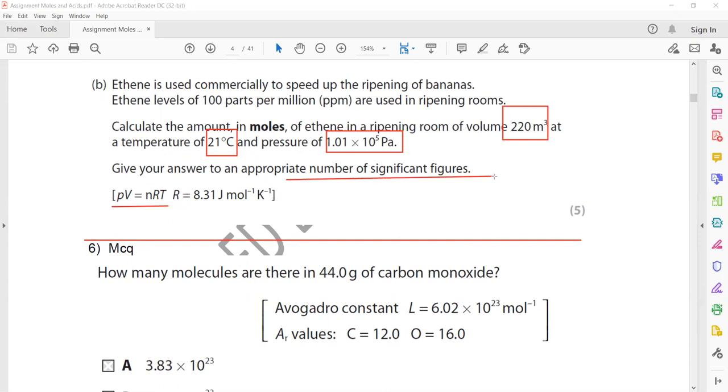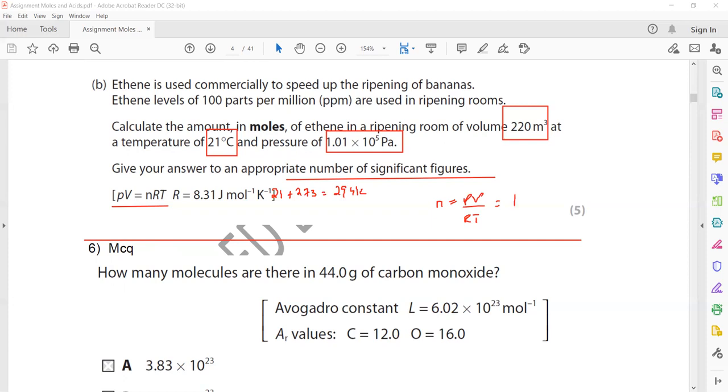As I mentioned, about the temperature, we'll add 273 to convert this temperature into Kelvin. So it is 21 plus 273, which is equal to 294 Kelvin. And we have the formula PV is equal to nRT, so n is equal to PV over RT. These are the topic-wise questions related to moles I'm solving.